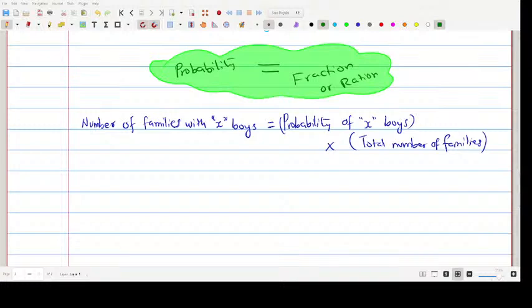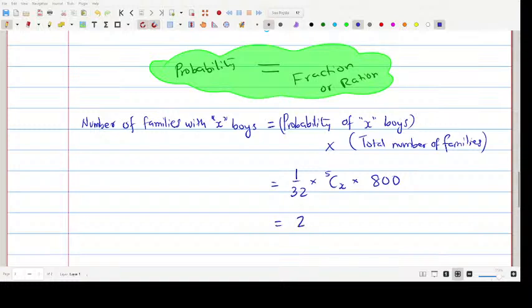But before that, we have some values. Let's change this English to math. Probability of X boys, as we have seen, is 5CX. I think there is a 1 by 32 in the beginning. So 1 by 32 multiplied by 5CX multiplied by the total number of families, which is 800. Now we can do some cancellation here and there, and 32 multiplied by 25 is 800.